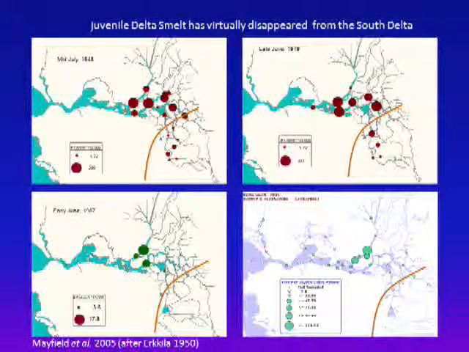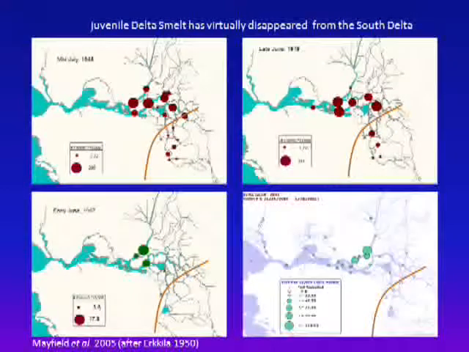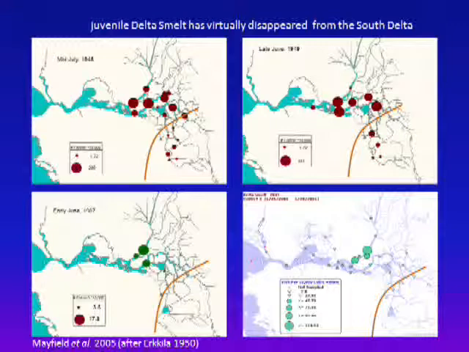So finally, we have the changes in the South Delta exports, the removal of fish in the San Joaquin River. These are from the earliest studies. The population existed in the South Delta, but not anymore.